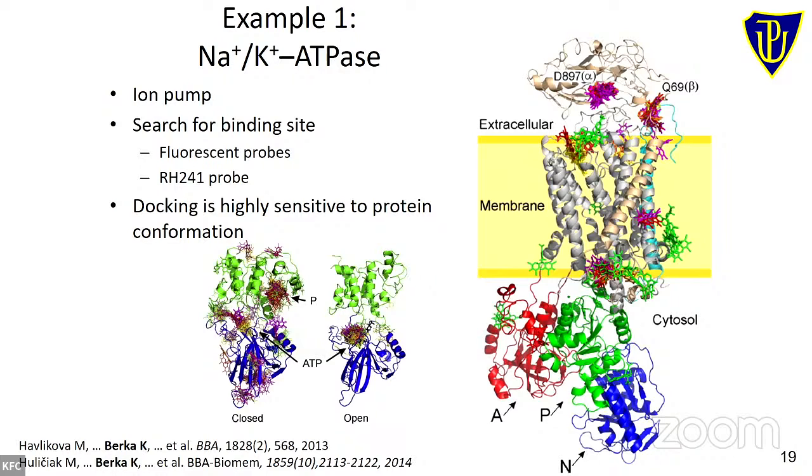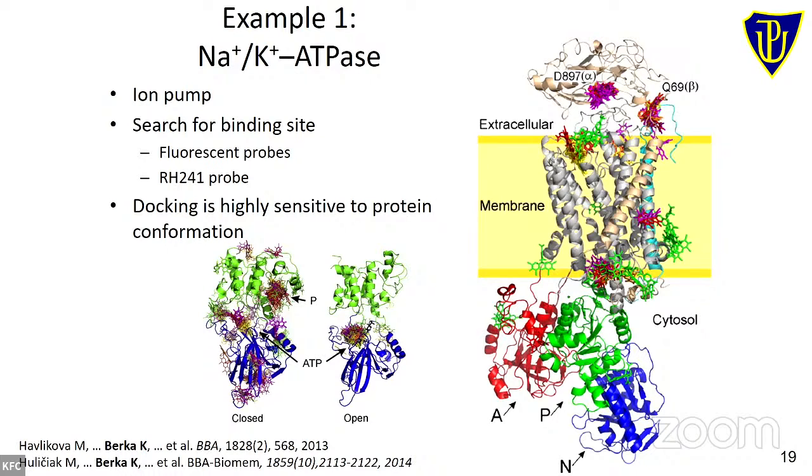And when we docked into the whole structure, we found that basically one place where the drugs are binding is towards the membrane-protein interface, but we haven't seen any ligand docking towards the ATP binding domain.